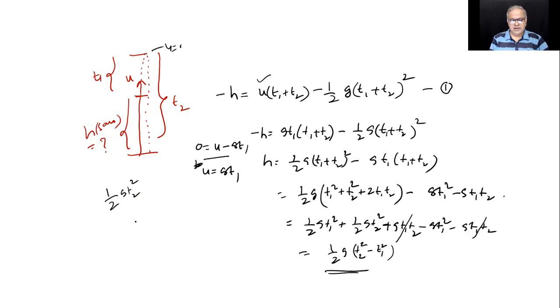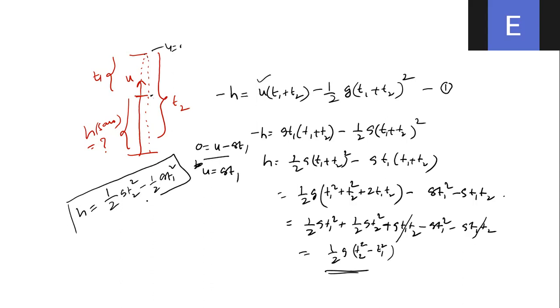Simply this total height is half G T2 square. Now look at this. It went there, it came down here. If it takes T1 time there, will it not take T1 time here? So is it not half GT1 square with 0 velocity? So this minus that is equal to this one.